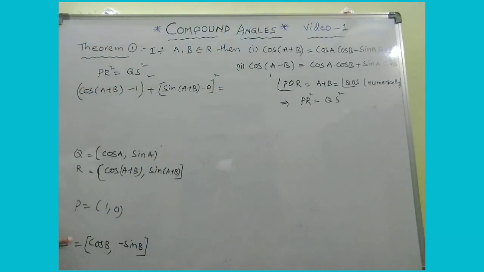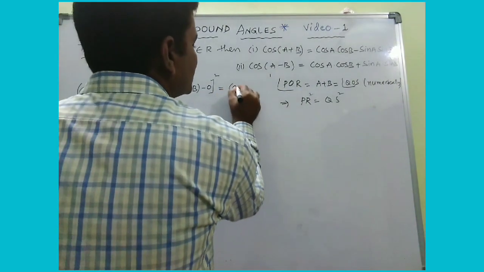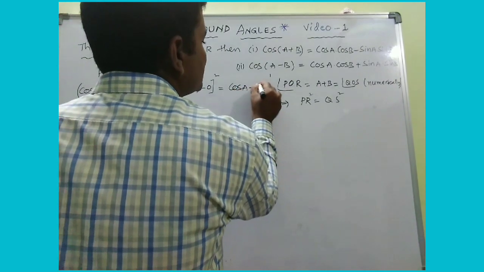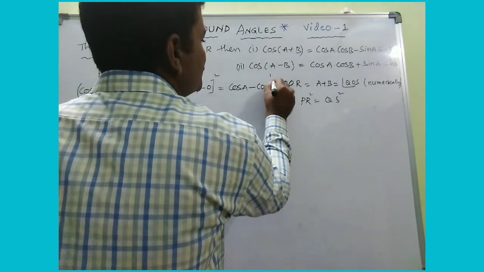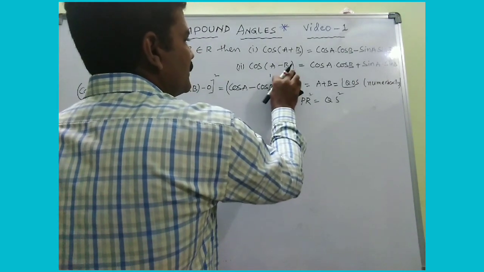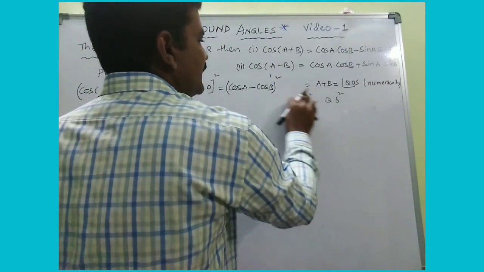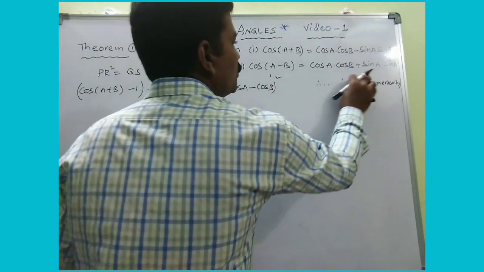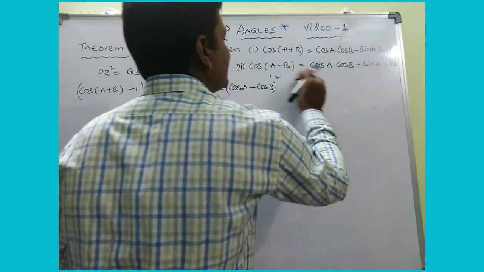Q and S. So now tell me, cos A minus cos B. x1 minus x2 or x2 minus x1, it doesn't matter. Cos A minus cos B entirely whole square. Fine. Just x1 minus x2 whole square we completed.